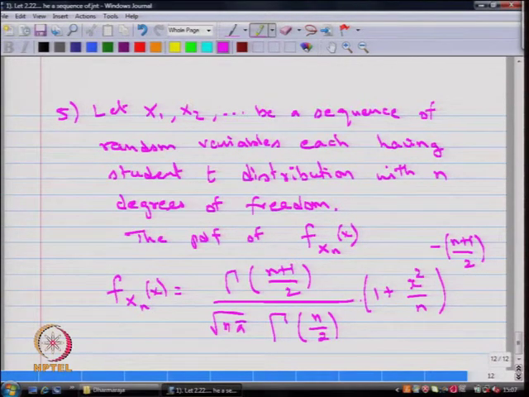So, this is the probability density function of a random variable X_n.